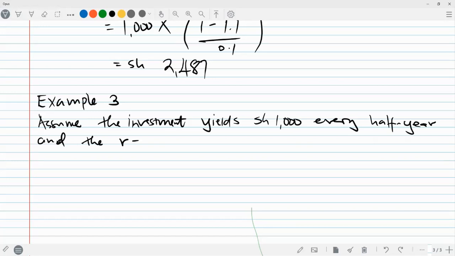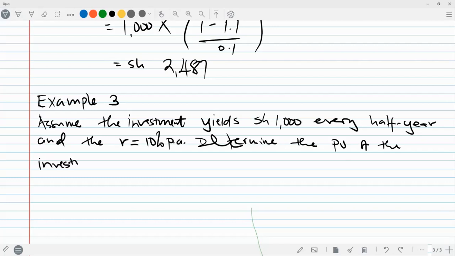The discount rate is 10% per annum. Determine the present value of the investment, which yields 1,000 half yearly for 3 years.